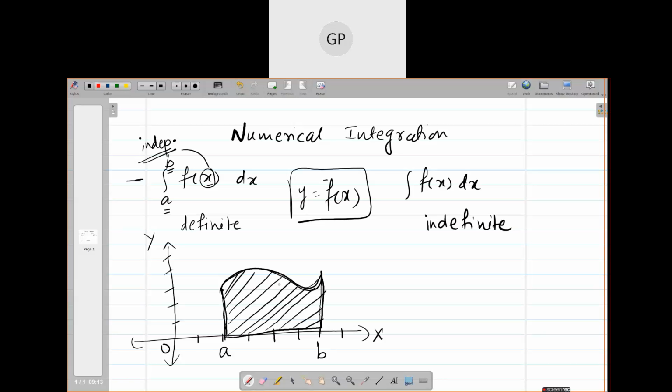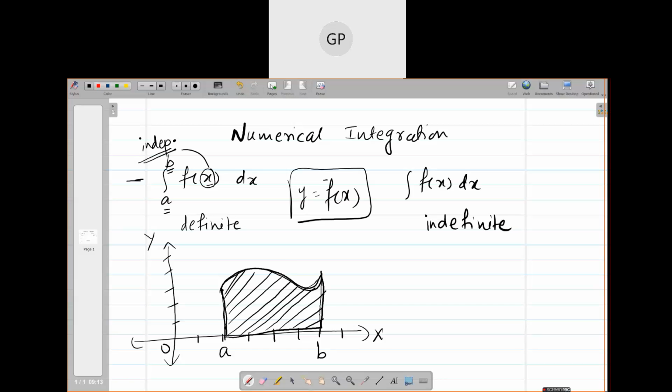Have you all understood it? This is just a revision I am doing. You tell me all these answers. So please remember that definite integration means an area under the curve.